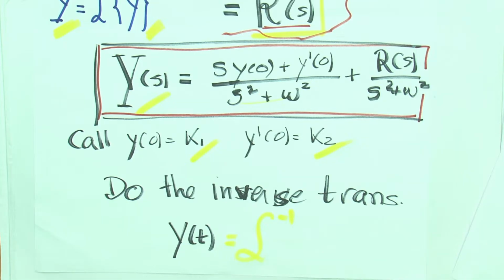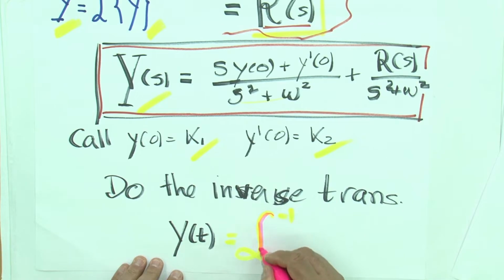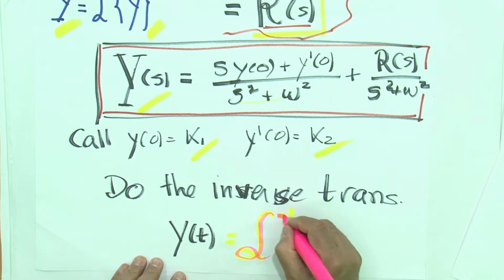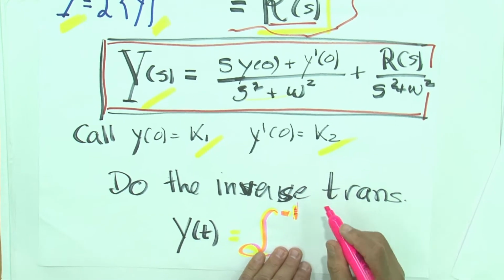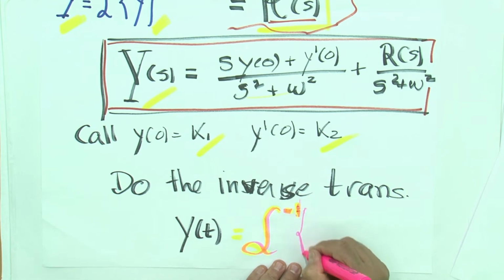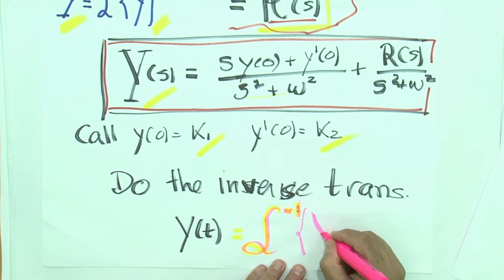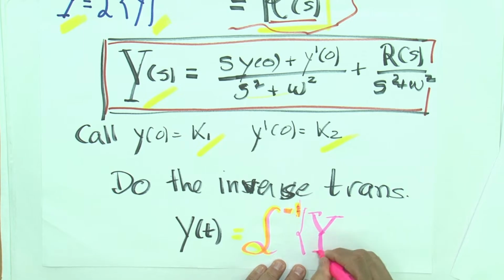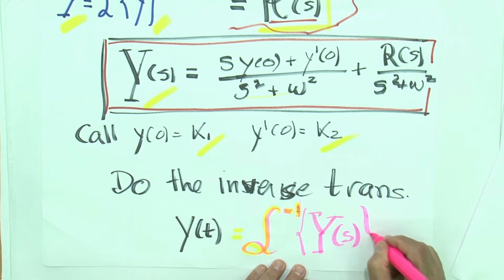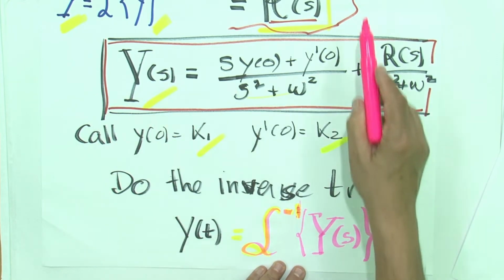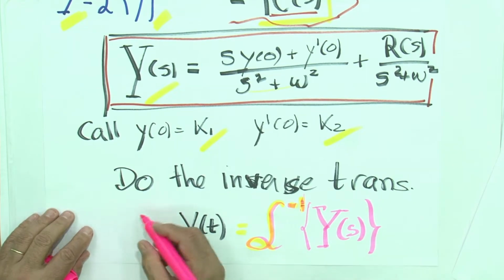Maybe yellow is no good here, so let's use a sharper color. So the inverse Laplace transform of capital Y of s that we just got from the algebraic equation is the solution of your equation.